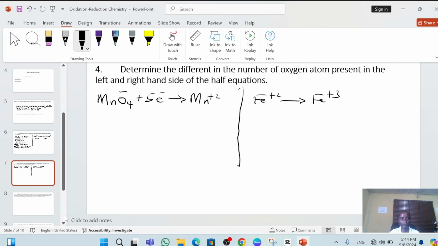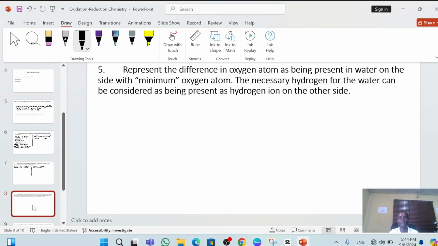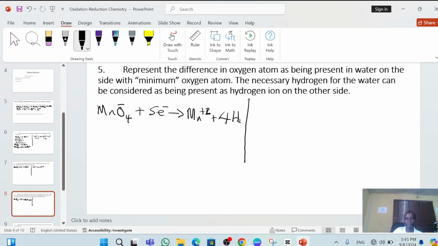Let's now move to the next principle, which says to replace the difference in oxygen atoms as being present in water. Since it's 4, let's rewrite it again. Then we have MnO4 minus plus 5 electrons gives Mn2 plus, and then plus we are going to represent with 4 molecules of water.